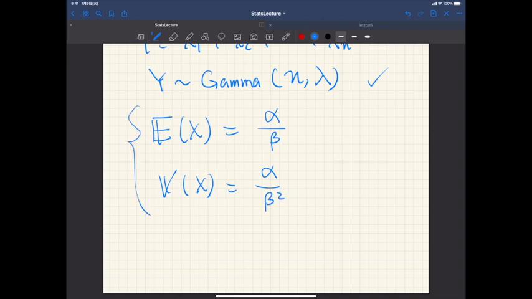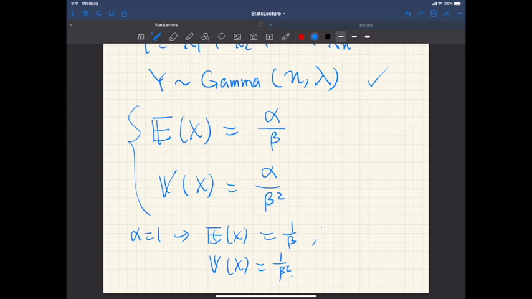Now, you know that when alpha is 1, a gamma distribution is just an exponential distribution. So just put alpha equal to 1. Then you have the expectation value of the exponential distribution with parameter beta as 1 over beta, and the variance is 1 over beta squared.